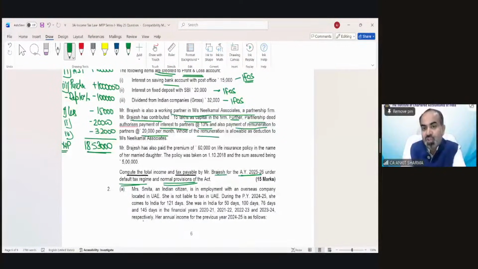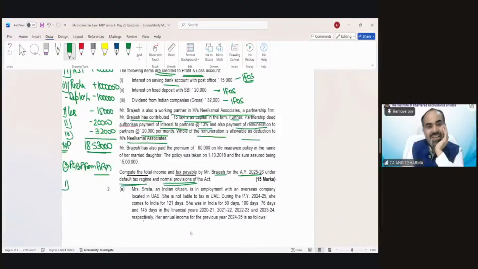The whole of the remuneration is allowable as deduction to M/s Neel Kamal Associates. So as we discussed, whatever you receive from a partnership firm is also going to be taxed as his business income. This is again PGBP from firm.